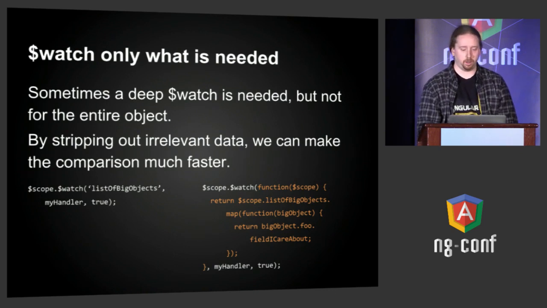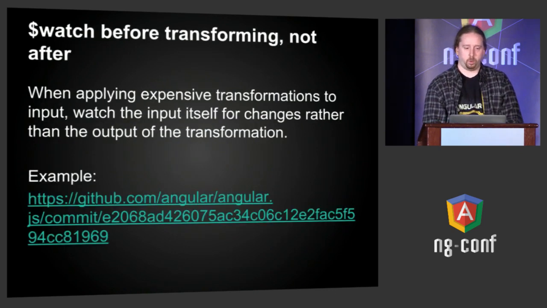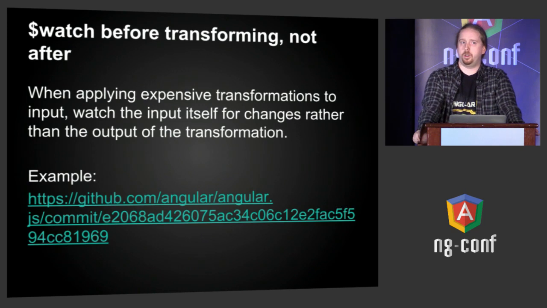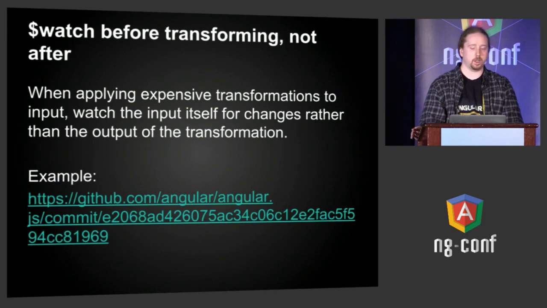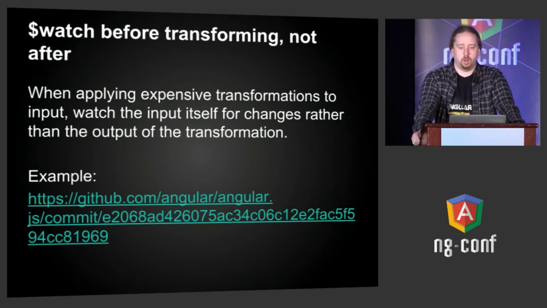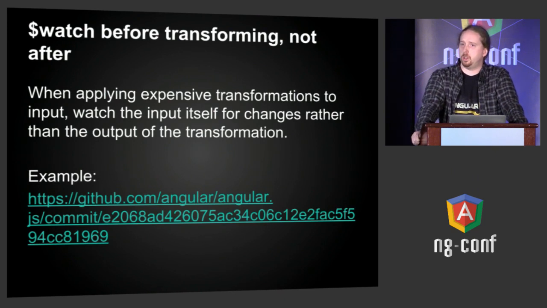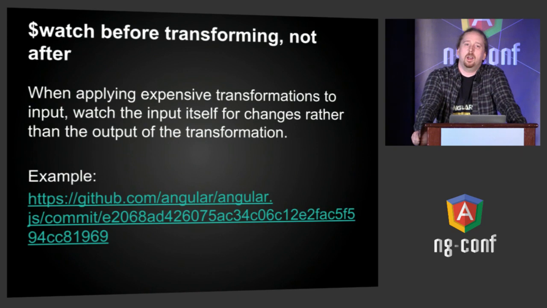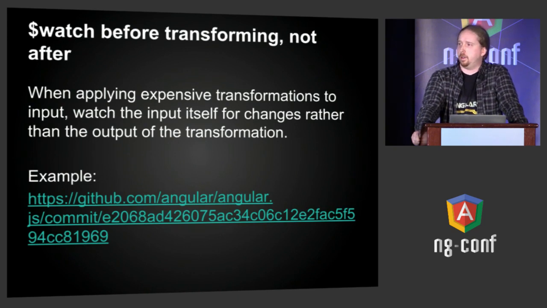So that might be relevant. On the other hand, this kind of goes against that, but you want to avoid transformations in your watcher function if you can, because they're expensive. In this case, it worked out, but it doesn't always. So for instance, in the SCE service, which I forget what it stands for, it's the thing that protects against XSS in Angular.